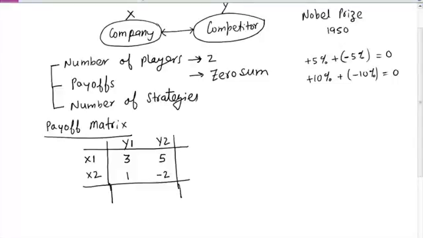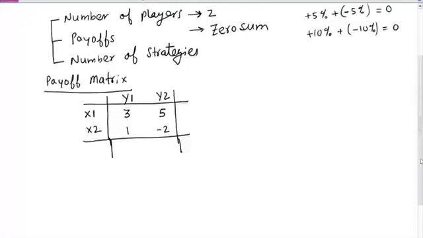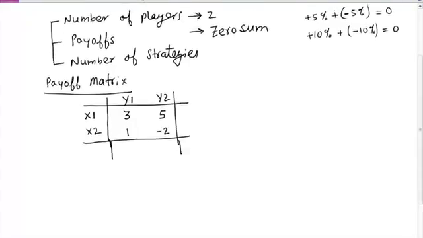So now if you consider player Y and the strategies used by player Y, when player Y chooses the first strategy, if X chooses the first strategy, Y will lose 3, and if player X chooses the second strategy, Y will lose 1. So the maximum possible loss for player Y is going to be 3.